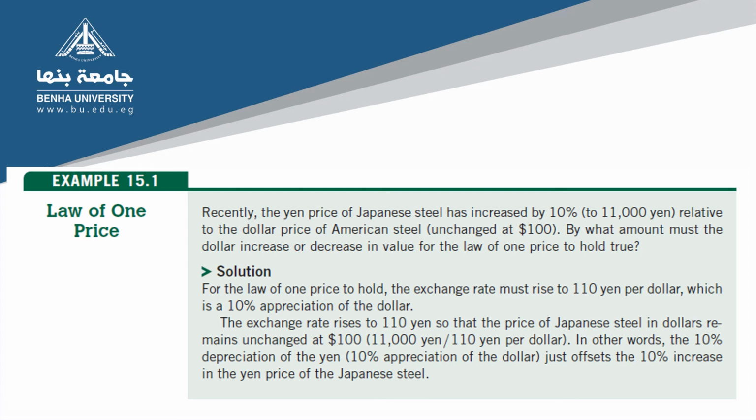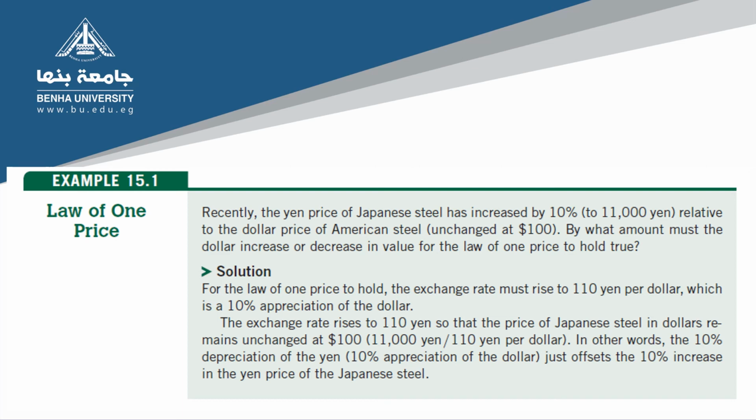Solution will be as you see. For the law of one price to hold, the exchange rate must rise to 110 yen per dollar, which is a 10% appreciation of the dollar. The exchange rate rises to 110 yen so that the price of Japanese steel in dollars remains unchanged at $100.